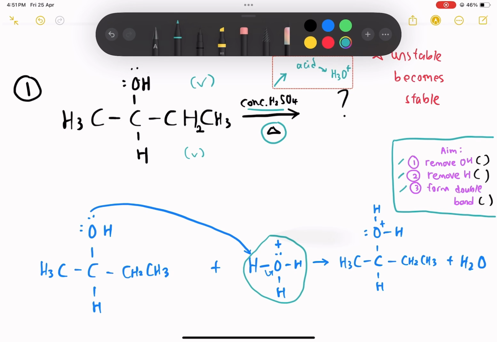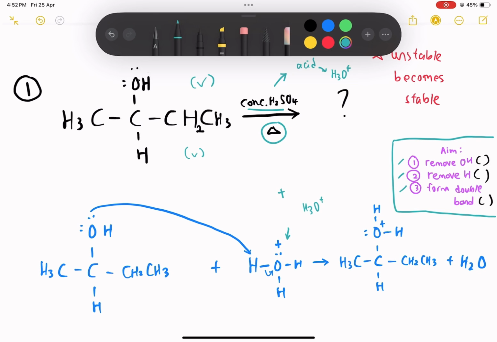You need to remember that for every step of dehydration of alcohol, you just have to consider going from unstable to stable. Unstable means that it has a positive charge. Let's say for this case, it is H3O+. It is not the H2O that we normally learn, so it is unstable.